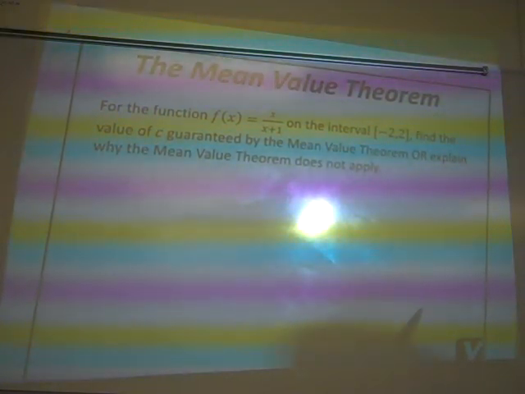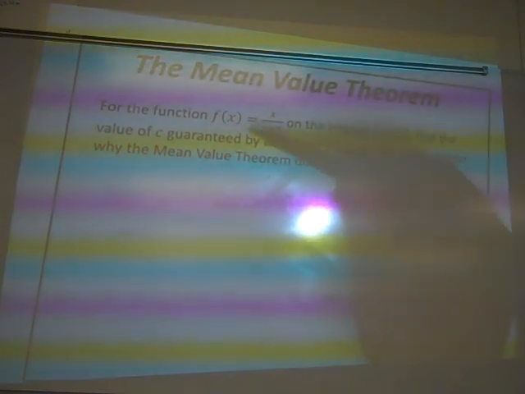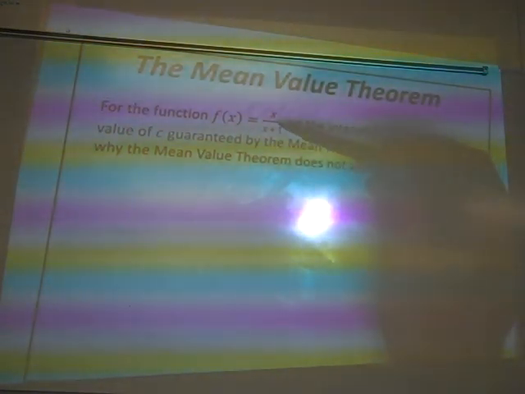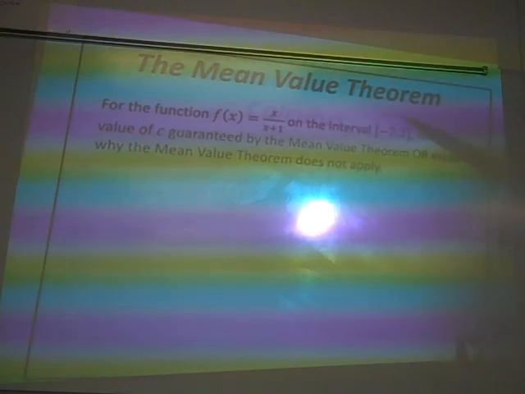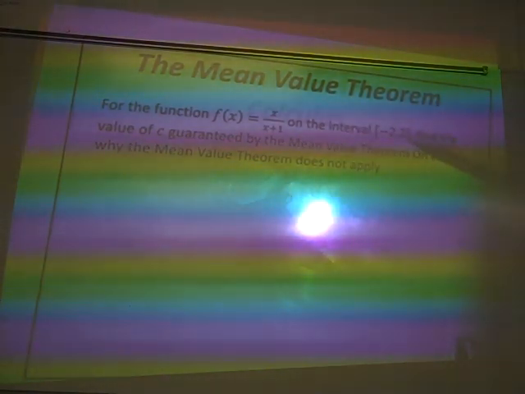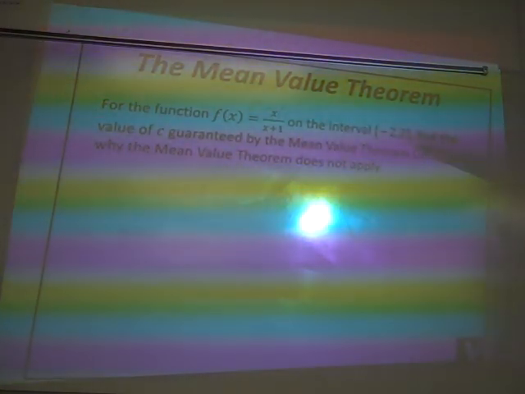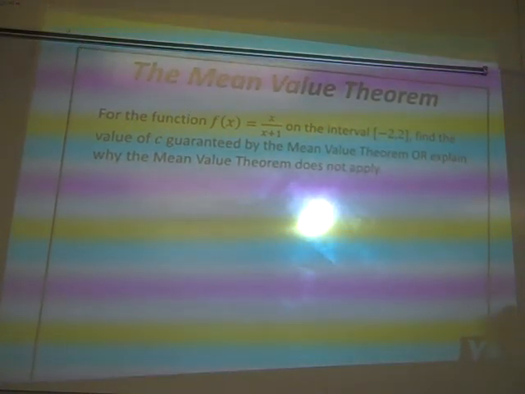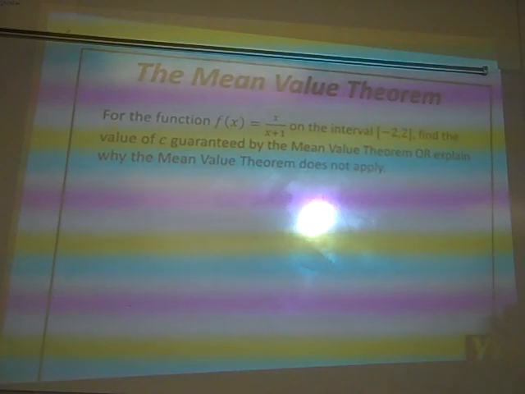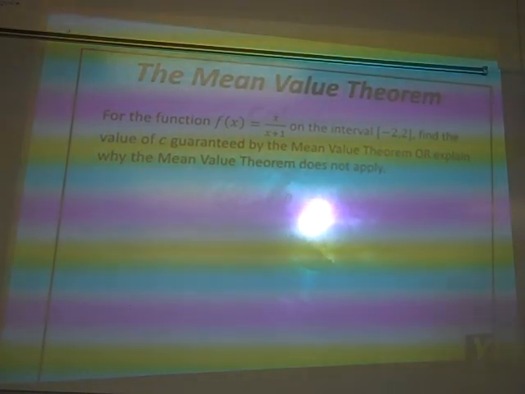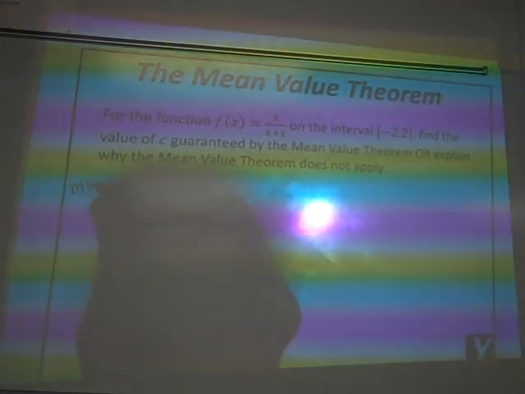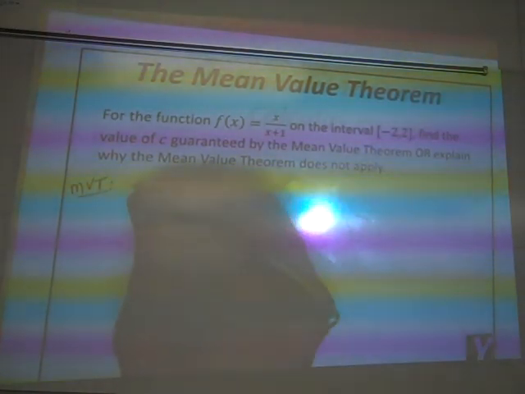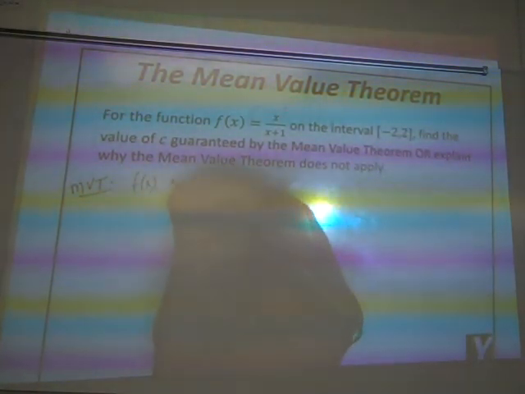We have a function. The function is f of x equals the rational function x divided by x plus 1 on the interval -2 to 2. I want to find the value of c guaranteed by the mean value theorem, or explain that the mean value theorem does not apply. So, if I'm going to use the MVT, first of all I need to know, is f of x continuous?